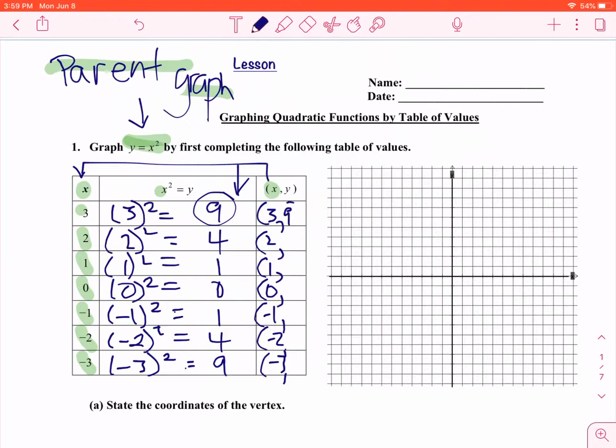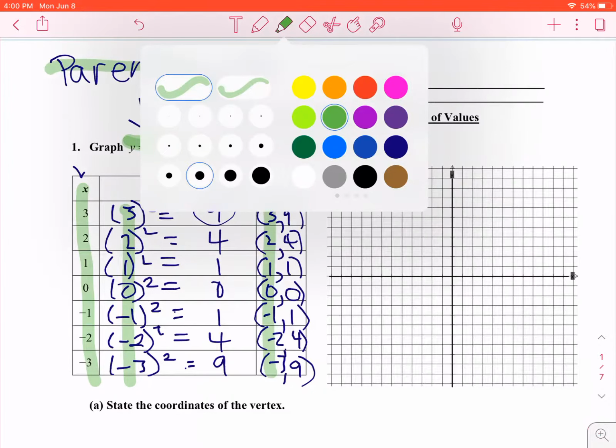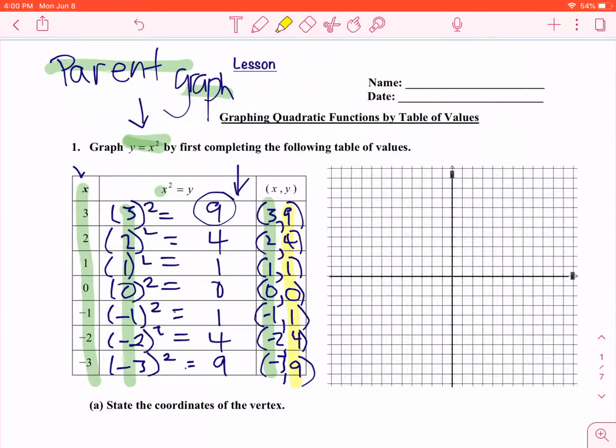So this will be 9, 4, 1, 0, 1, 4, 9. Once again, you'll notice your x's are the same x's that are in this column. They're also the same x's that I squared. And those products, the answers, are what I worked out. And together we combine them to make a coordinate.